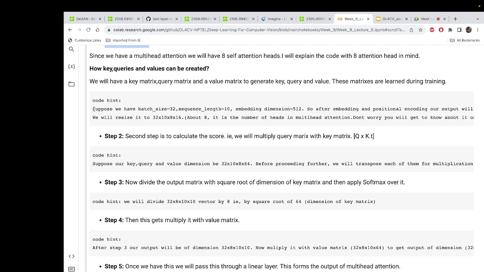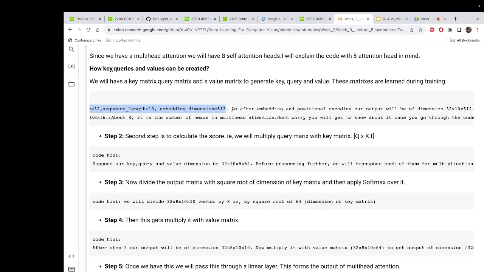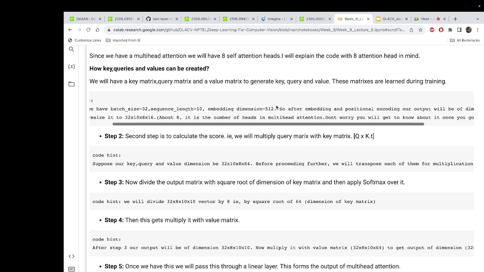Here you can see that we have already given you hints like what happens when you have a batch size of 32, sequence length 10, embedding dimension 512. We already saw that when we take the embedding and positional encoding and add those two, the dimensions turn out to be the same, 32 cross 10 cross 512.